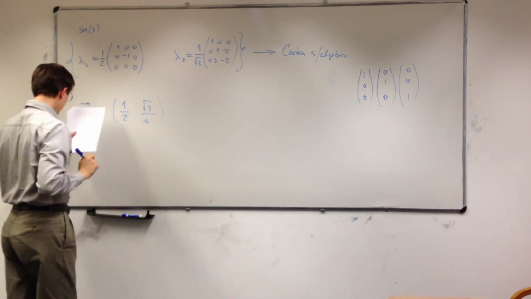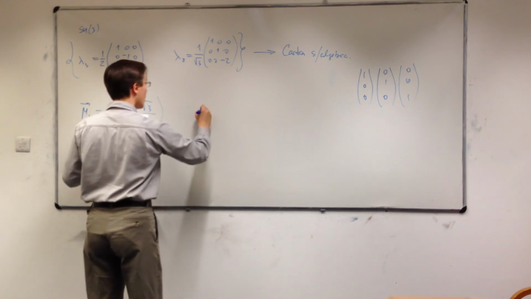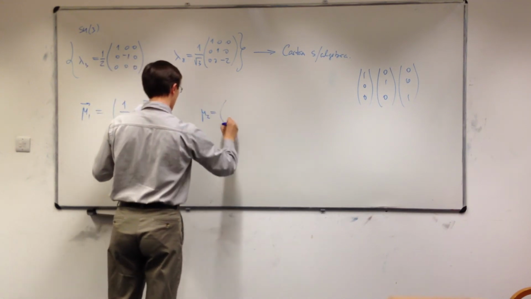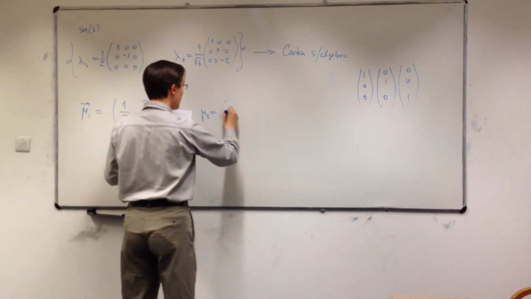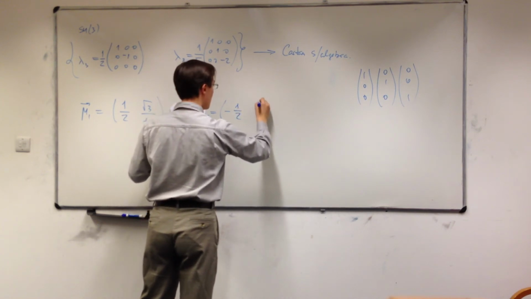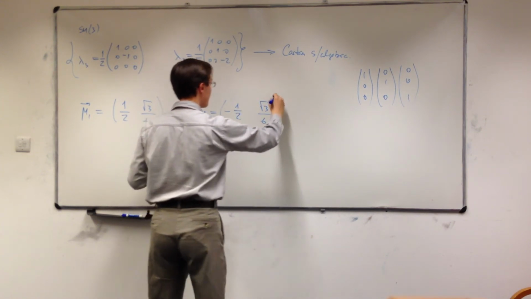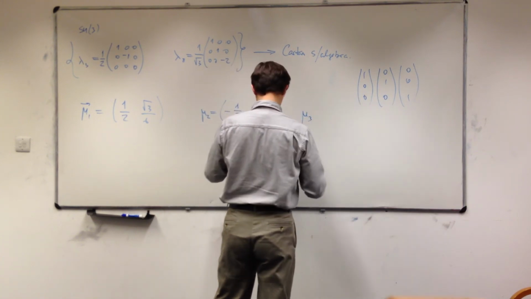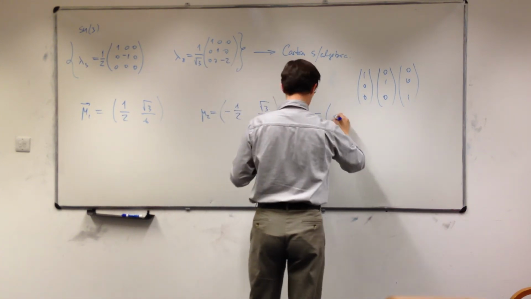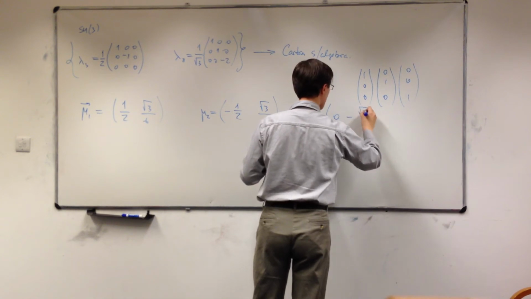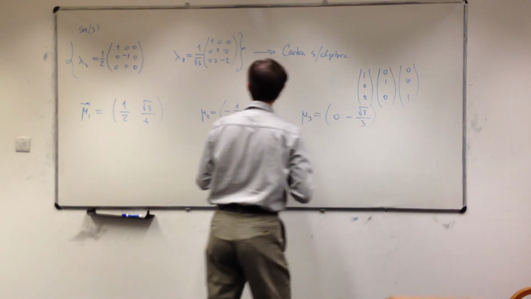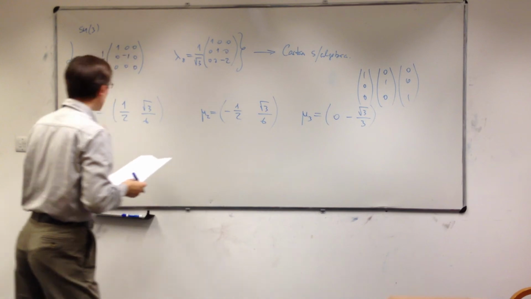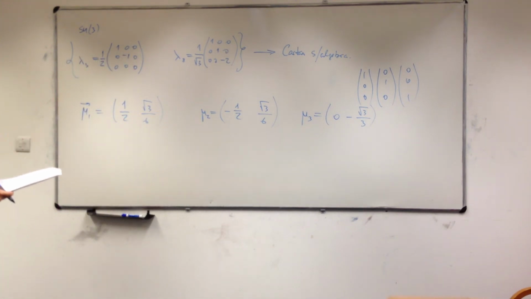It's the first pair of weights. Mu2 for the second vector there, minus a half, root 3 over 6. And the third one, mu3, corresponding to that one, is 0, minus root 3 over 3, or 1 over root 3. I wouldn't touch on the normalization here, it's a bit unobvious.